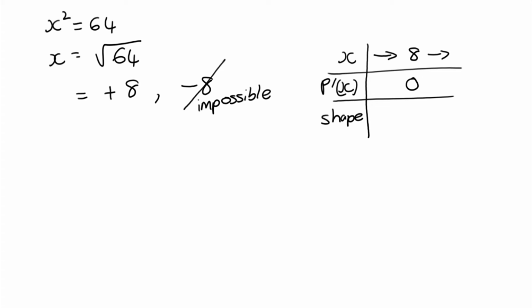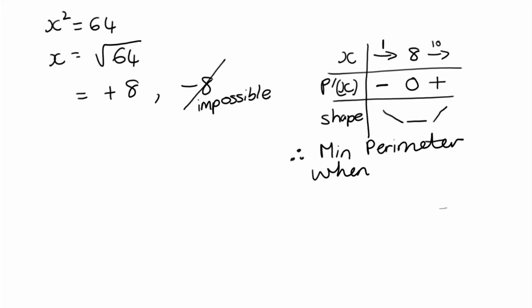So make sure you choose a different number. I chose 1, and when I substituted 1 in, I got negative 126, so that's negative. A number greater than 8, I chose 10, because it was nice and easy to work with, and I got 0.72, which is positive. So therefore, I got a minimum. So therefore, min perimeter when x equals 8 centimeters.